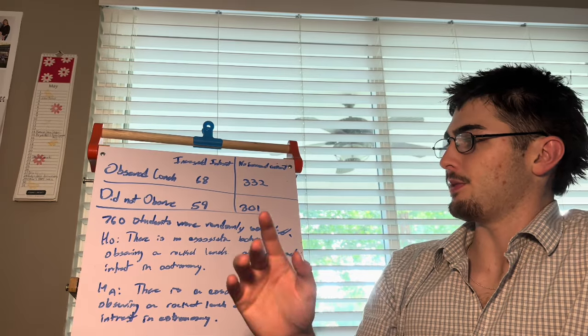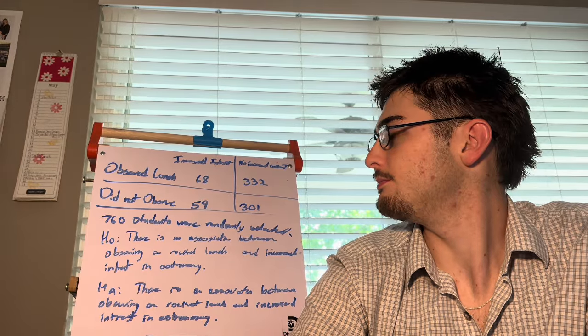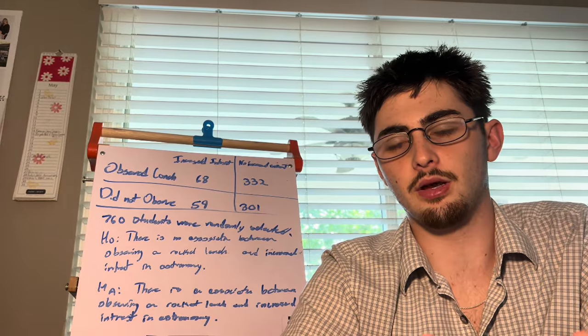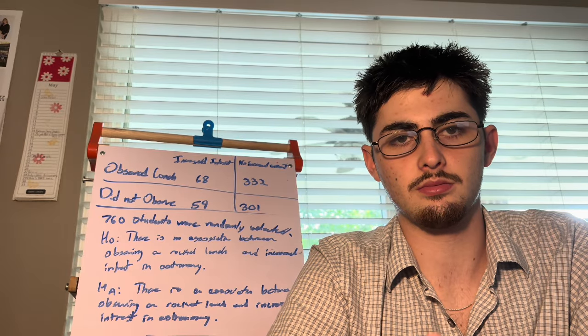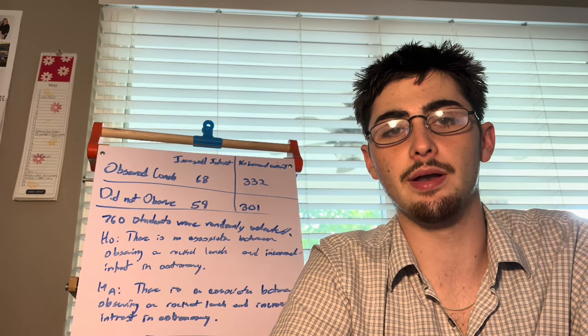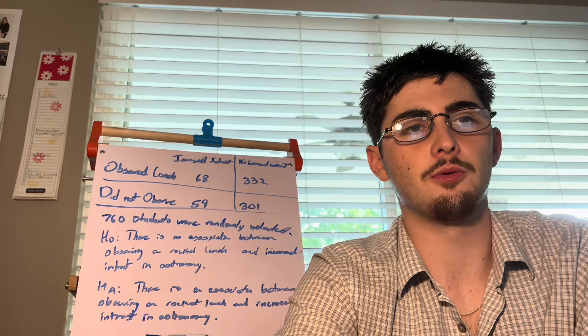So later on in this video, you'll see that depending on the outcome of the test, it will show us exactly how it corresponds to the independence of both variables.